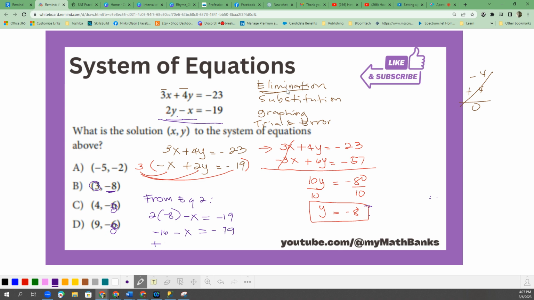Then I'm going to add 16 on both sides, so I have negative x equals negative 3. You divide both sides by negative 1 to solve for x. Therefore, your x is equal to 3. So your x is 3, your y is negative 8.